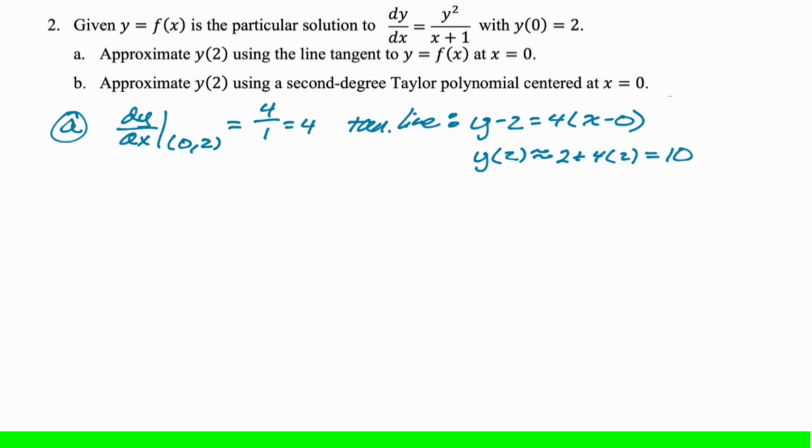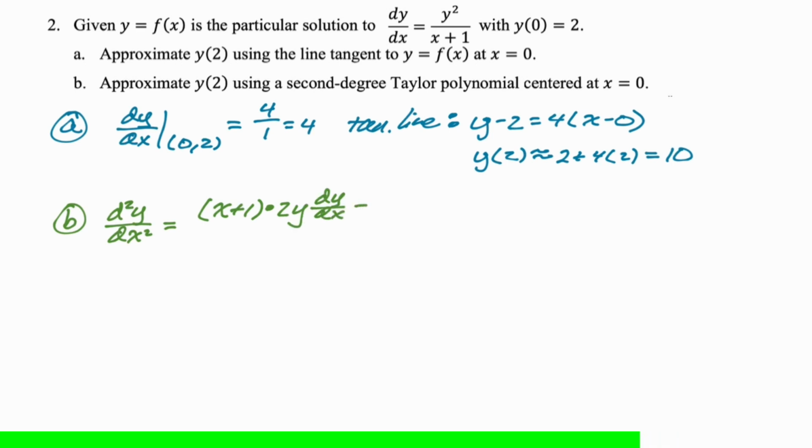We can also use an approximation from a second degree Taylor polynomial centered at 0. But for that, we're going to need to find the second derivative. So let's start off doing that. So the second derivative is going to be, this requires a quotient rule. So it's bottom, which is x plus 1, derivative of the top, which is 2y dy dx by the chain rule, minus top, which is y squared, derivative of the bottom, which is 1, all over the bottom squared.